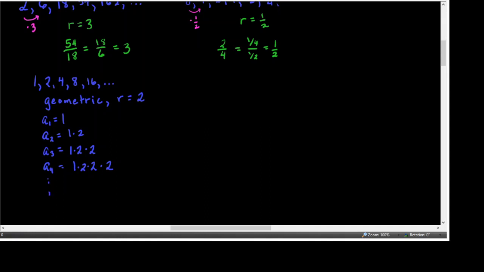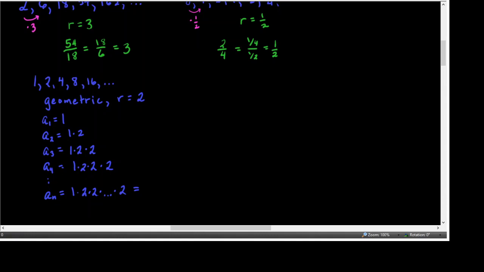In other words, I'm trying to find a pattern for a sub n. It's going to be 1 times some number of 2's, dot, dot, dot, times 2. And we need an expression for that. So if you'll notice, every single time it is the first term multiplied by some number of the common ratio.